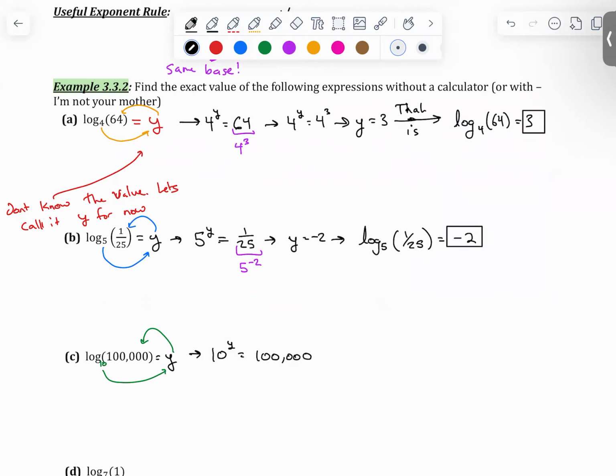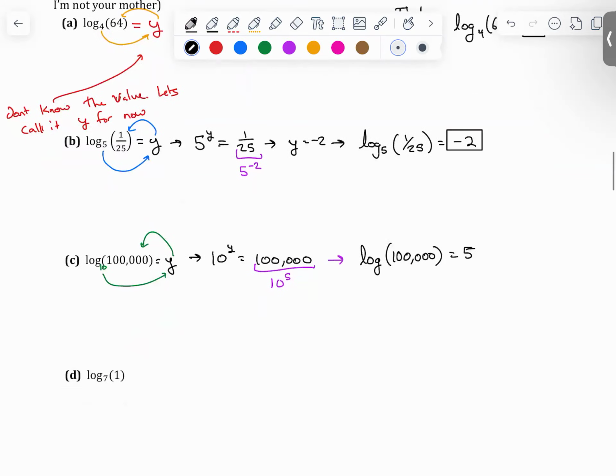Now, that's a power of 10, and in particular, that is 10 to the 5th power. Count the number of zeros, and you've got it. 10 to the 5th power is equal to 100,000. And thusly, y is equal to 5, which means that the log of 100,000 is just equal to 5.